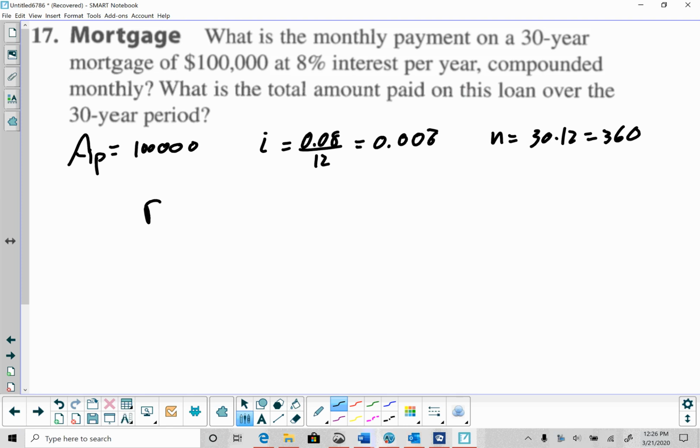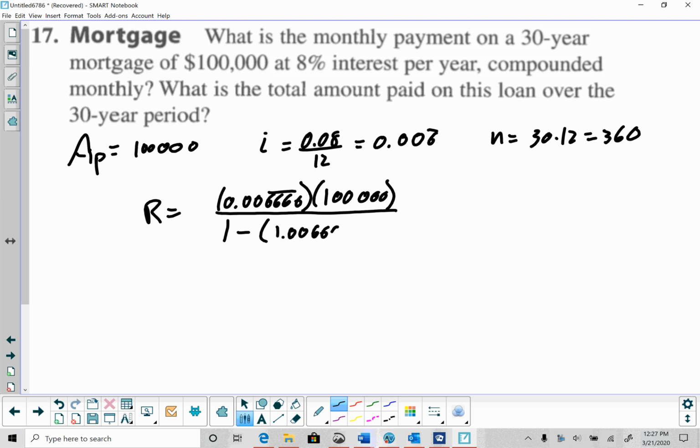All right, so our regular payment formula tells us we're supposed to take the interest, 0.00666666 repeating, and multiply that by the present amount. We're looking for a loan of $100,000. Now again, the denominator gets kind of tricky. 1 plus I, so that'll be 1.00666666 repeating, raised to the negative 360th power.